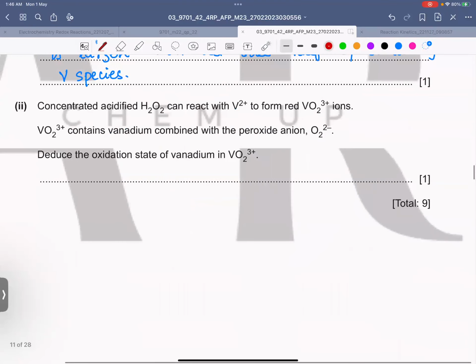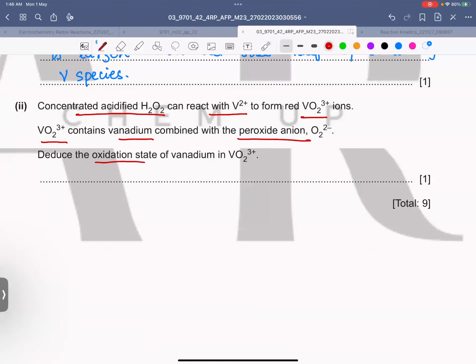Okay. Now concentrated acidified hydrogen peroxide can react with VO2 positive to form VO2 3 positive ions. VO2 3 positive ions contain vanadium combined with peroxide anion. Deduce the oxidation number of vanadium in VO2 3 positive. So see, it's a peroxide ion. Okay, let me work it out over here.